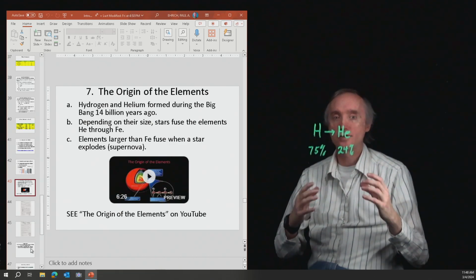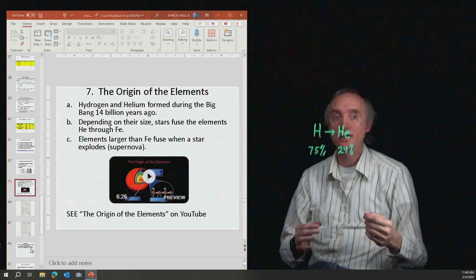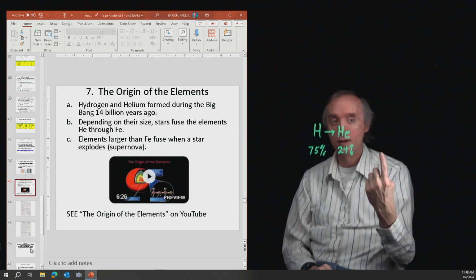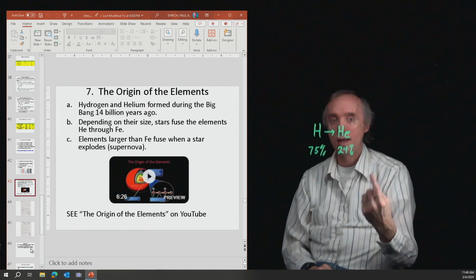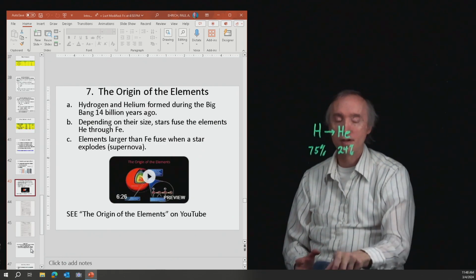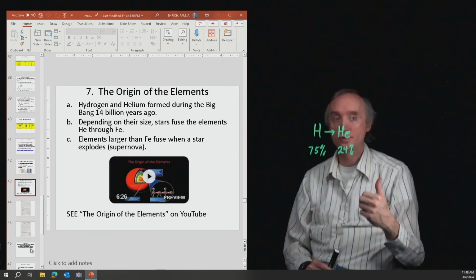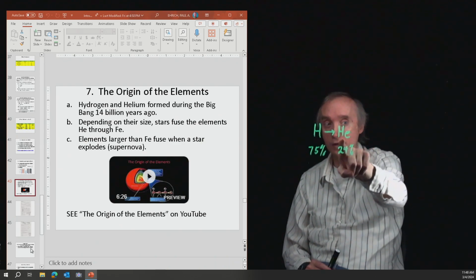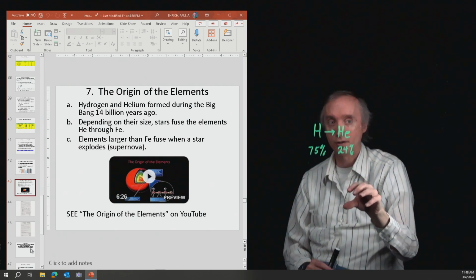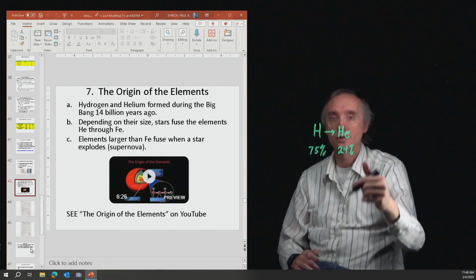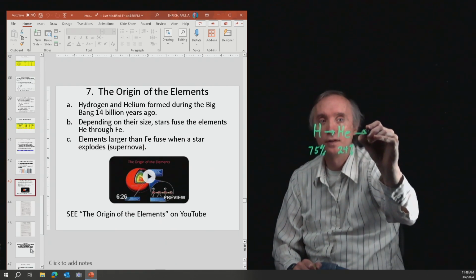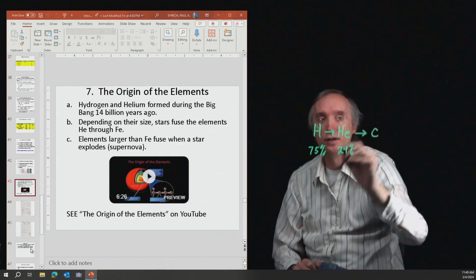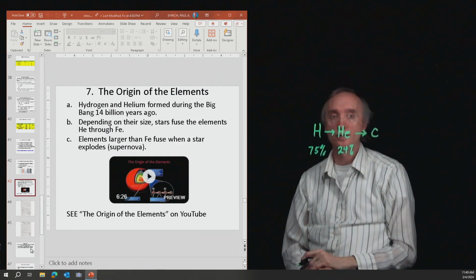And as it gets smaller, it starts to heat up. The pressure goes up, the temperature goes up, and in some stars, the temperature will go up so much that heliums are going to start to smash together, nuclear fusion again. This is going to start to produce the element carbon in the periodic table of elements.